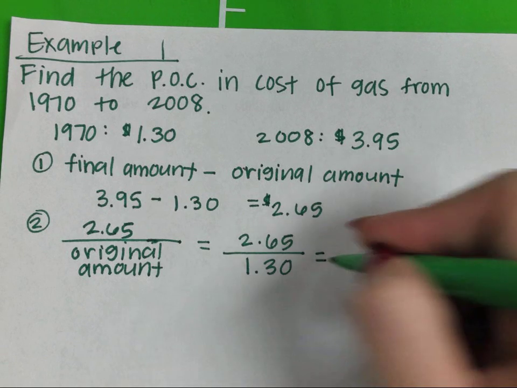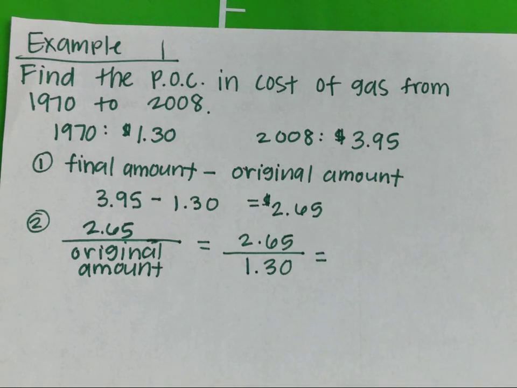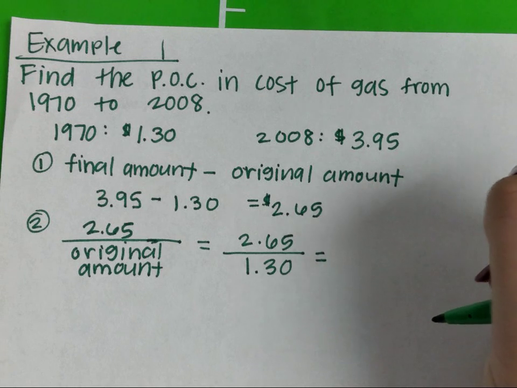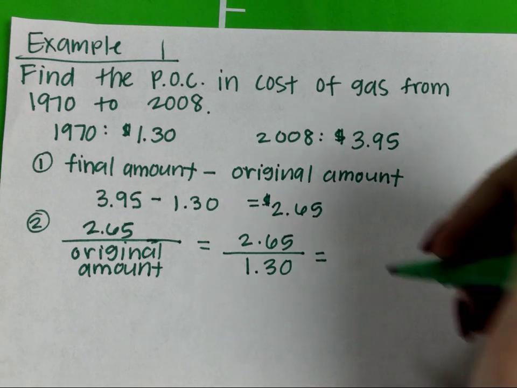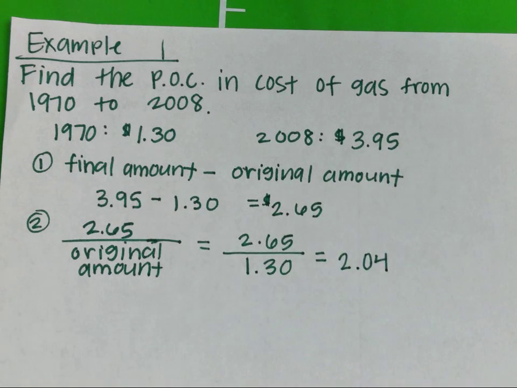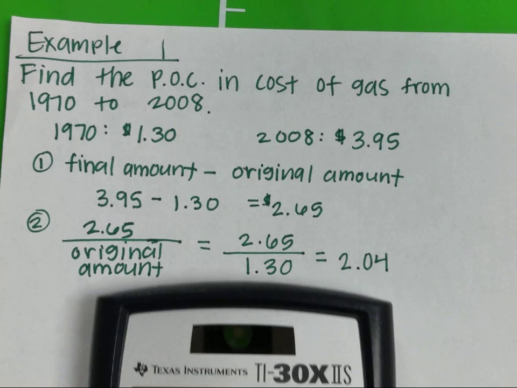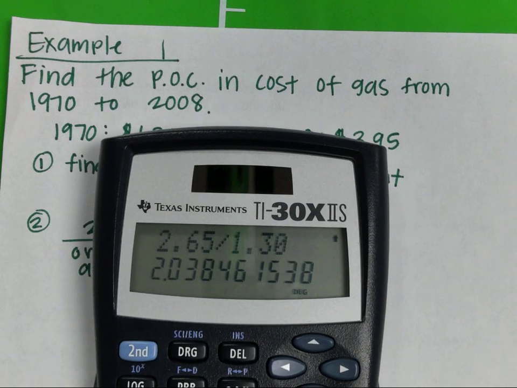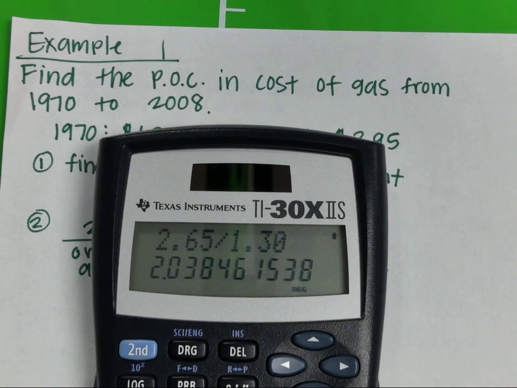Now I want to just divide those two numbers. So 2.65 divided by 1.30 gives me 2.04, right? It gives me a long decimal, 2.03846, and so forth.